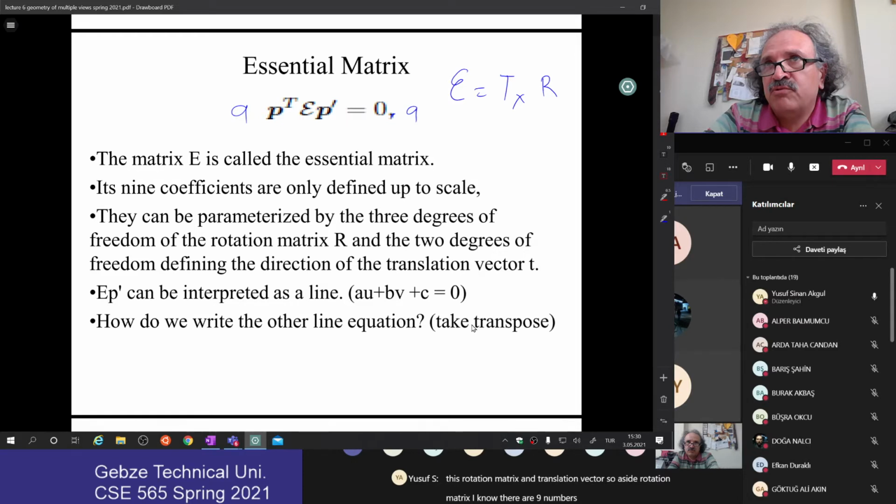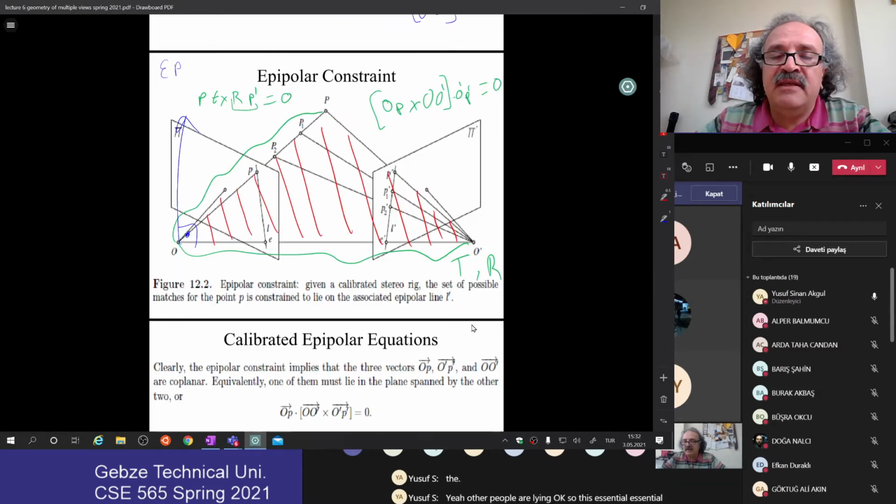Multiply that P with the essential matrix, and you are going to get the equation for this line. And do the other way. Multiply that P prime with E again from the other side, and you are going to get the other epipolar line.